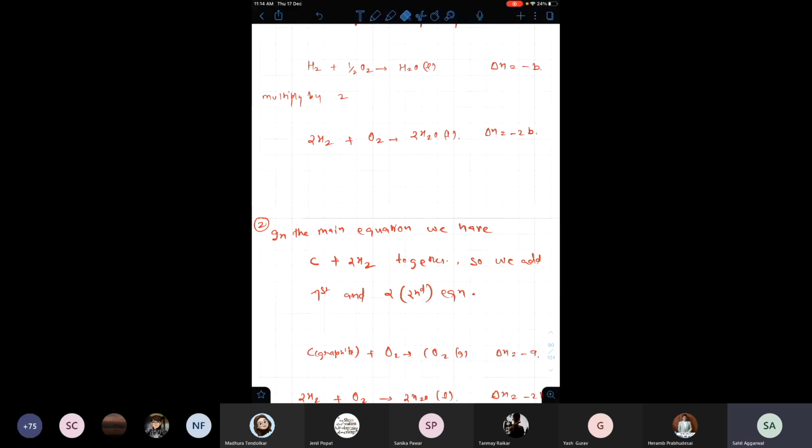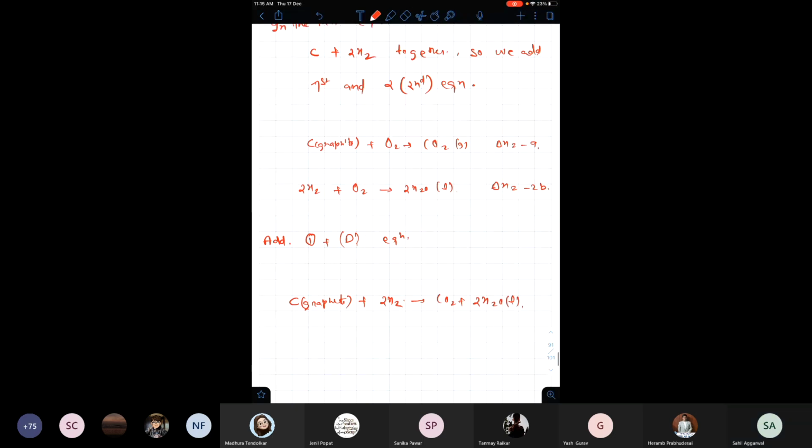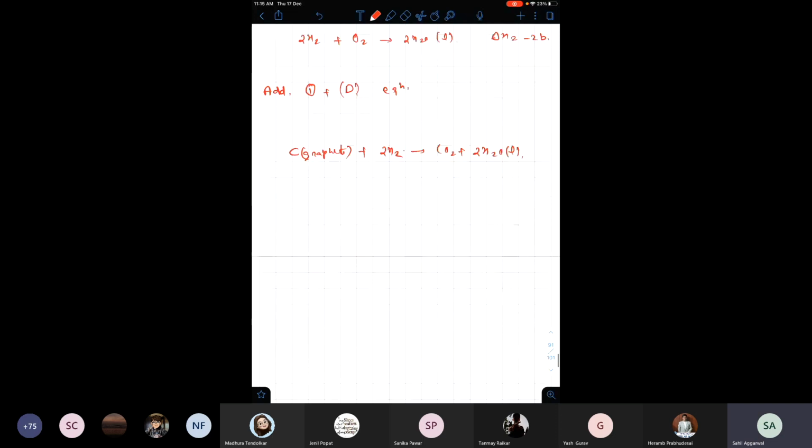Let's say it is a D equation. इसको D बोल देते हैं. 1 and D. तो कुछ भी नाम दे सकते हैं. ओके, ये सेकंड स्टेप हो गया. Now we want CH4 on right hand side.